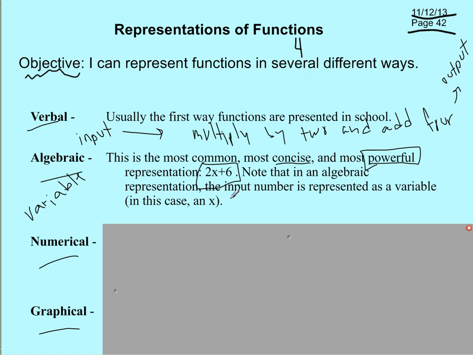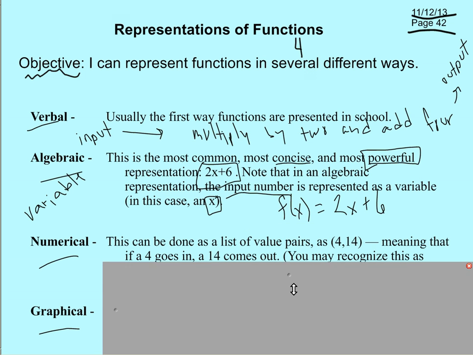The input, when you're writing a function algebraically, is going to be your variable. Your input is going to be your x. You usually see this written f of x equals 2x plus 6. The function of x, which is our input, equals 2 times the input plus 6.